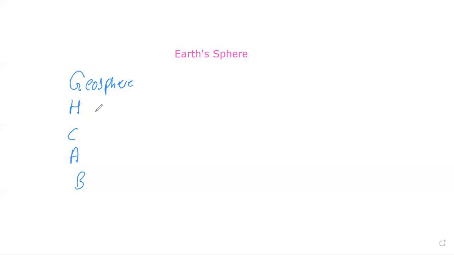Okay. H, Rishan, we are talking about parts of the Earth system. Can you just say G is geosphere? And H is hydrosphere and C is... wait. Let others get a chance. Yes, Noor? C?